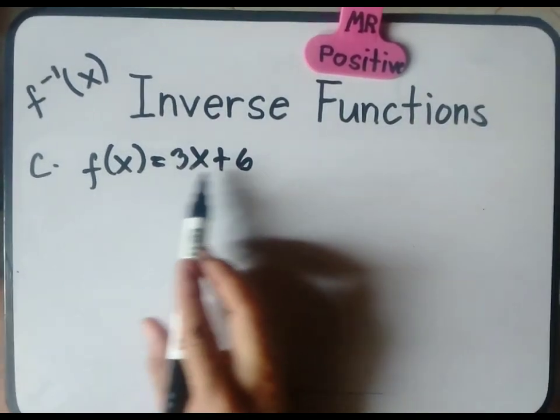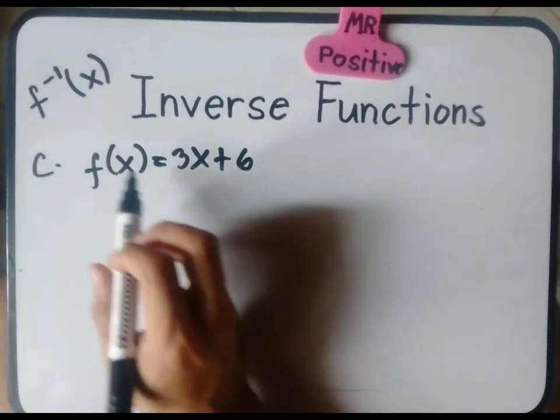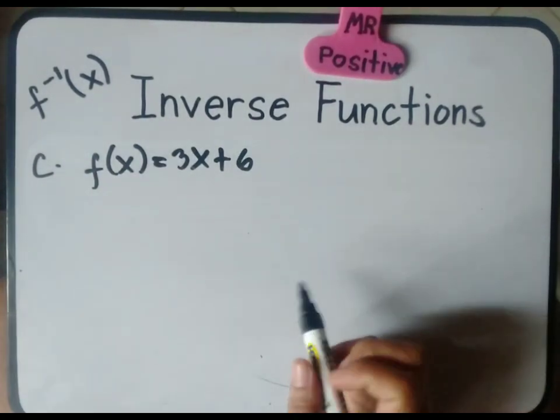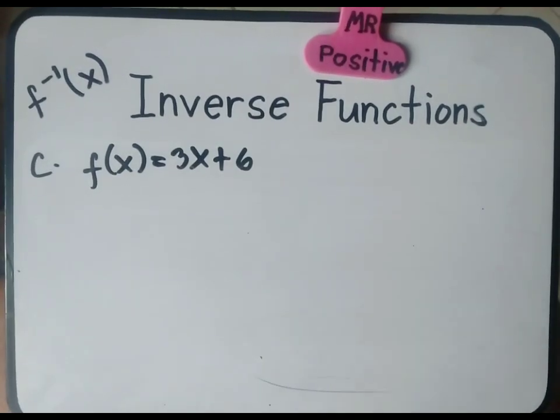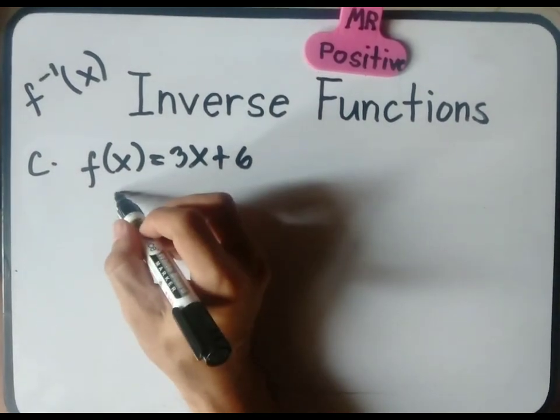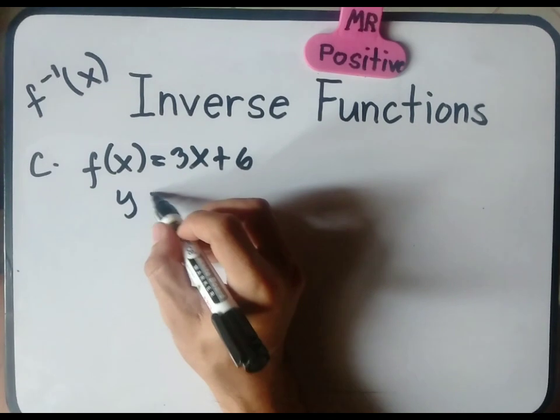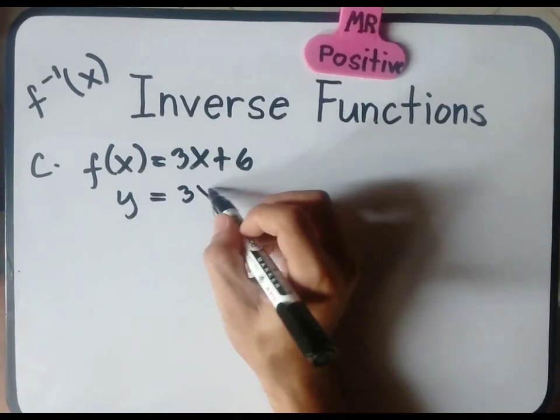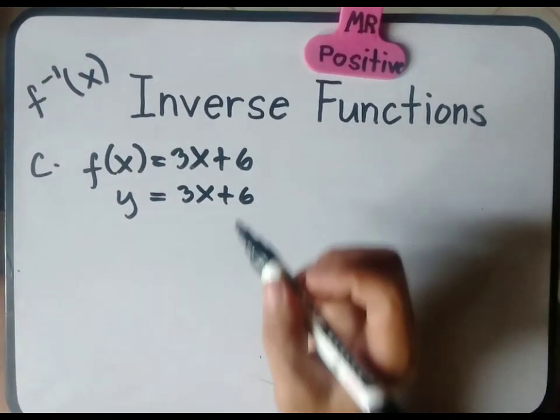So this is the original function. We need to get its inverse. First rule is replace f of x with y, then equals 3x plus 6.